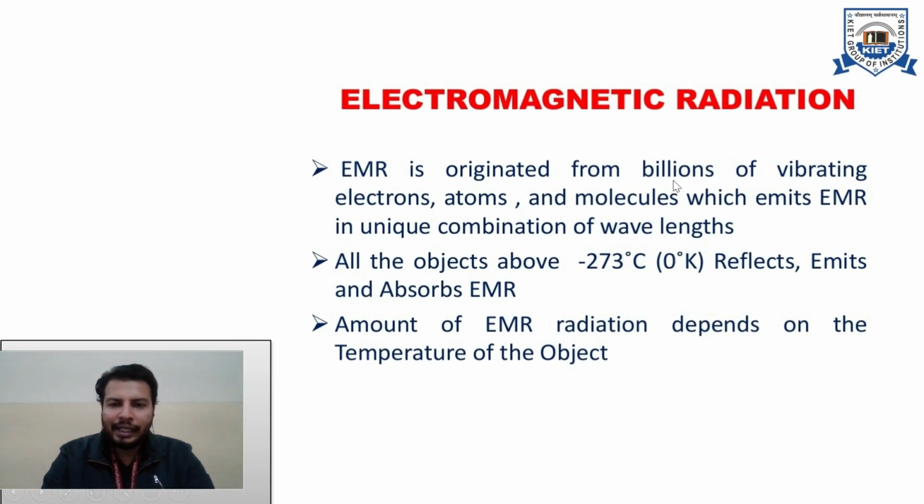So what is radiation? Electromagnetic radiation is obtained from billions of vibrating electrons, atoms and molecules which emit electromagnetic radiations in a unique combination of wavelengths. There may be some process going on with molecules, atoms or electrons, and some kind of energy is released in the form of radiations or waves, called electromagnetic radiations.